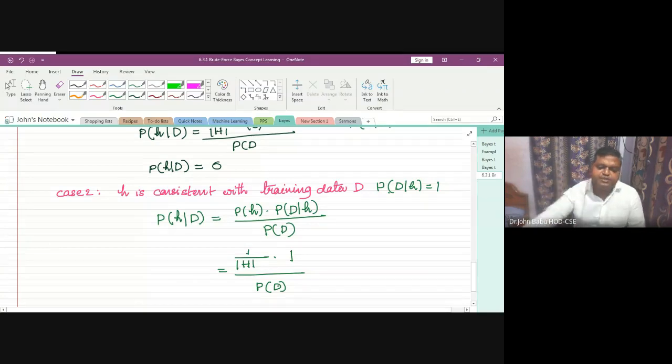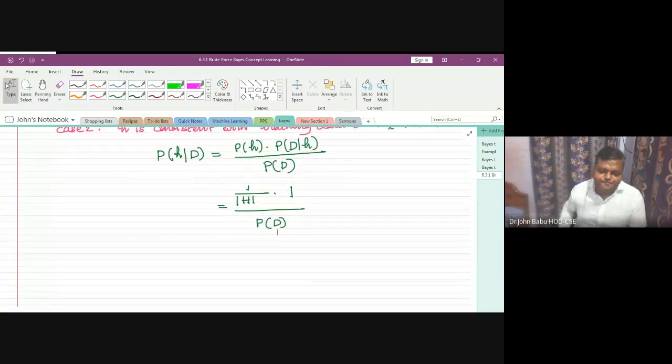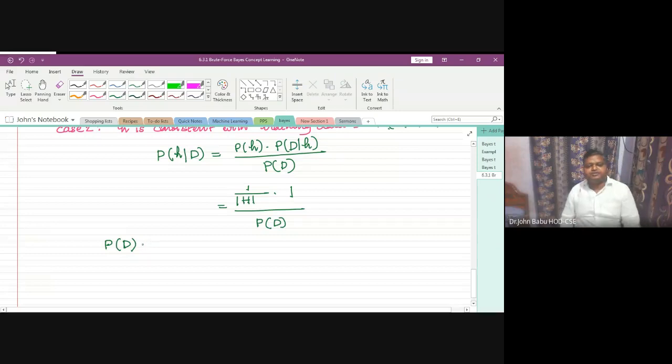So this probability of data means the data which is valid with at least any one hypothesis. The probability of data is the data which is consistent with at least one hypothesis among all the set of hypotheses.